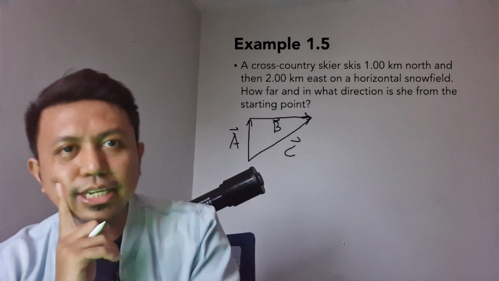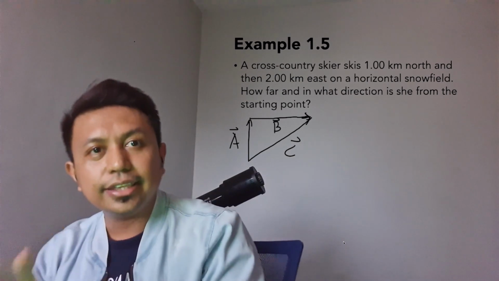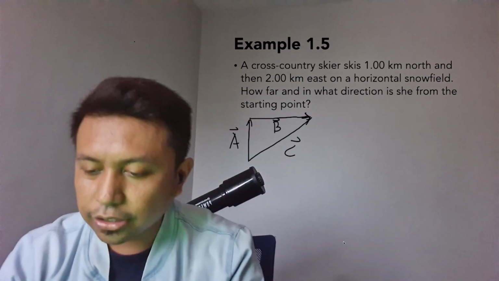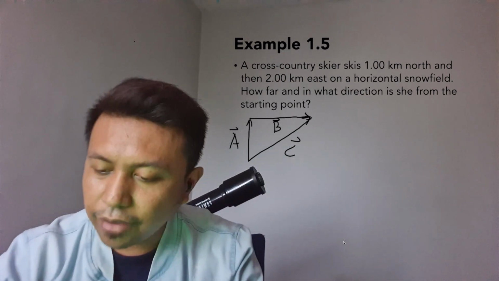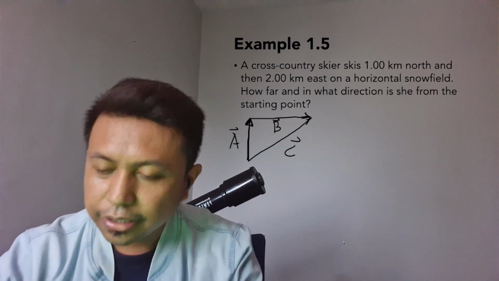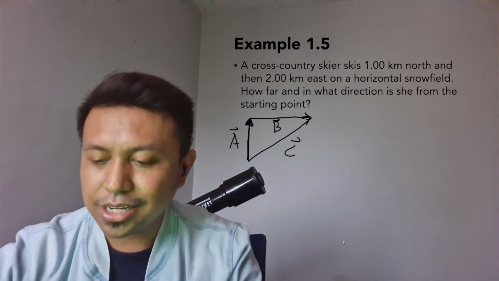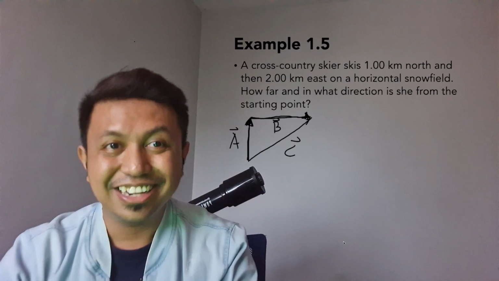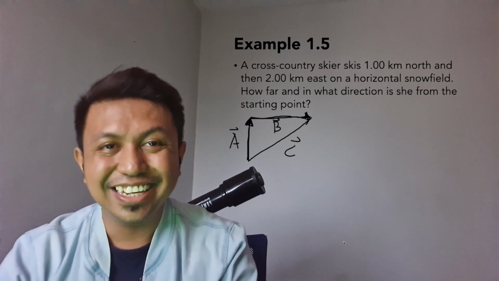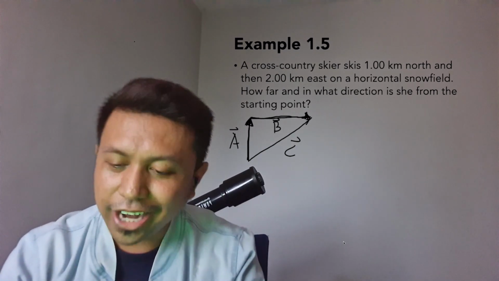If you notice in this kind of problem, there is a right triangle, correct? So vector A, remember that part? We know that the square of vector A plus the square of vector B is equal to the square of vector C. That's actually your Pythagorean Theorem.